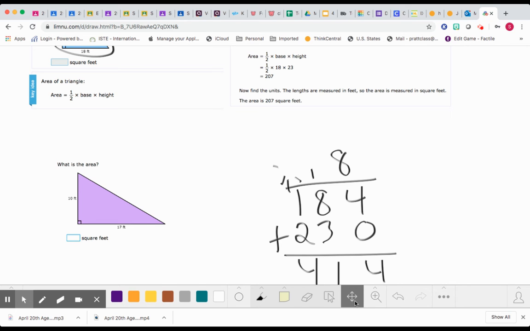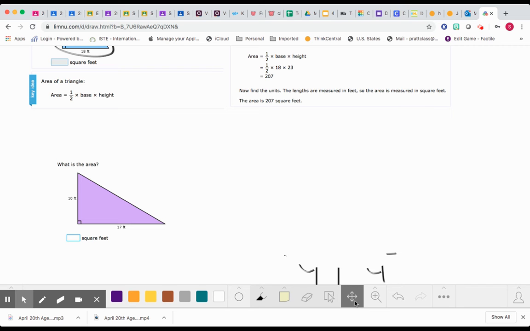I'm going to erase this right now so we have some room to work. So if our base times height is 414 square feet so far, now we have to multiply that by half, right? So now we are working on remembering how to multiply a fraction by a whole number.